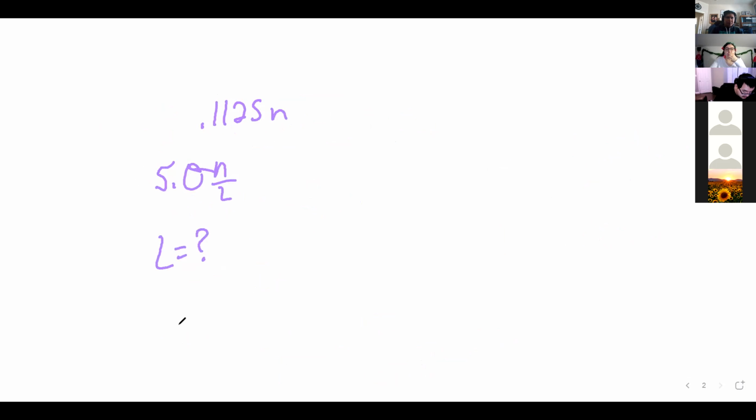So is there anything that we can do to find the liters? We said molarity is equal to moles divided by liters, right? Do we have a molarity to work with?